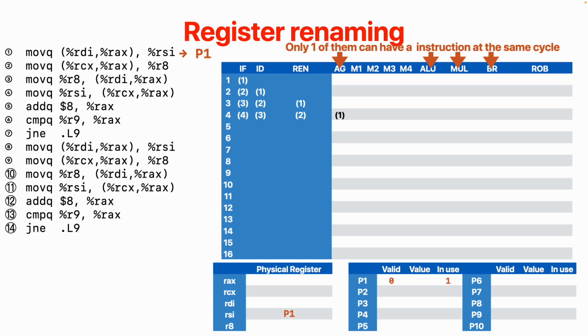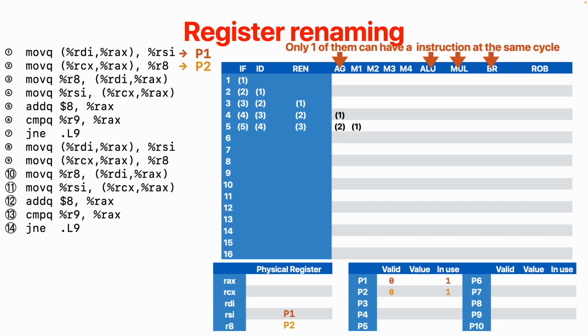What that means is that only one of them can have an instruction in the same cycle. So at the next cycle, I'm trying to rename instruction 2. Instruction 2 has a destination of R8, so I have to rename it, right? P2 is not in use, so I want to rename it to P2 before I can put this instruction into execution.